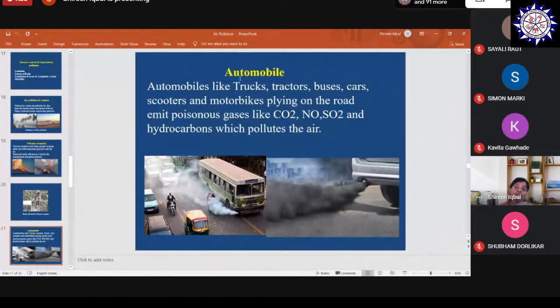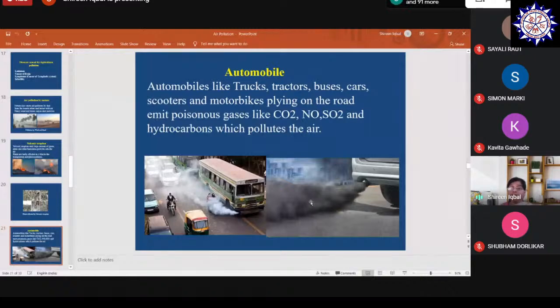Then the pollution which is caused by automobile. So heavy vehicles like trucks, tractors, buses, cars, which are driven by, especially by the diesels, जो diesel से चलती हैं, those heavy vehicles, it emits black smoke that you can see, है ना?